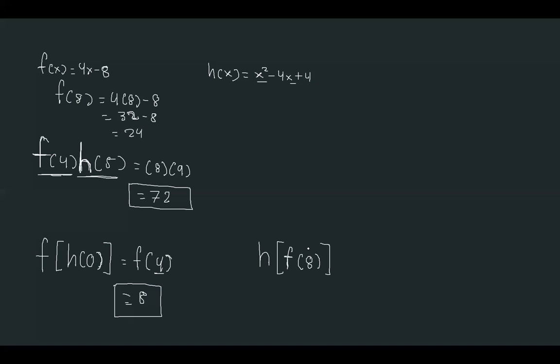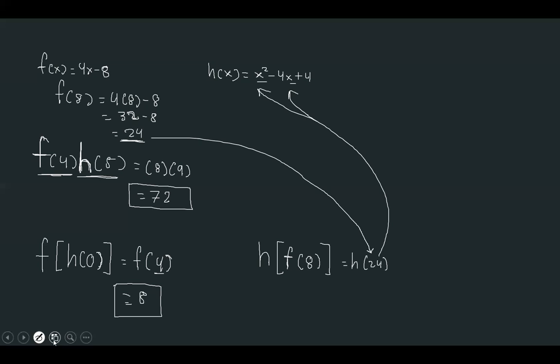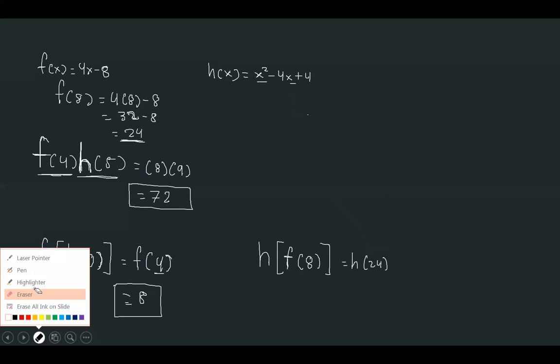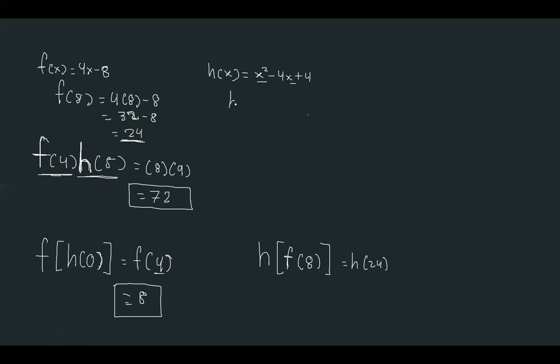Since f of 8 is equal to 24, therefore this would be h of 24. What we're going to do now is substitute 24 for the x in h of x.